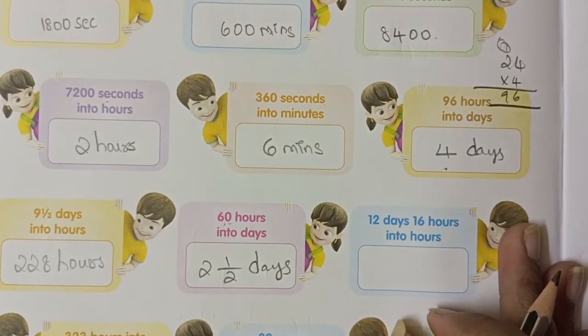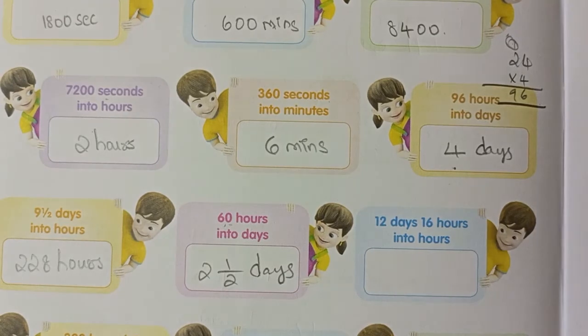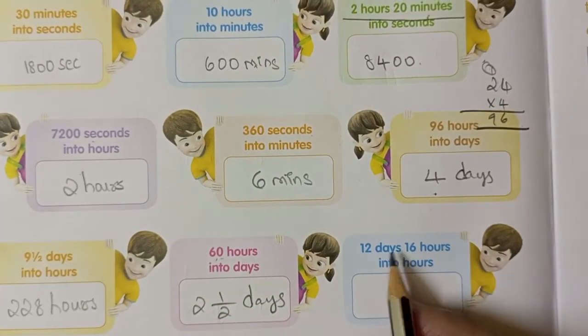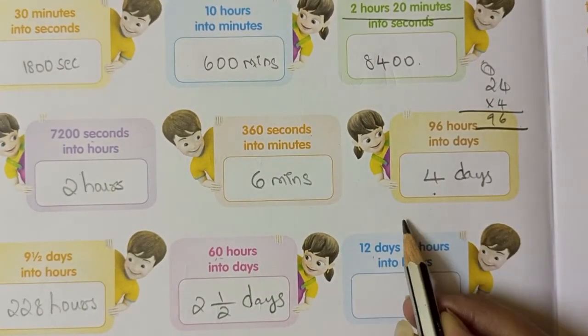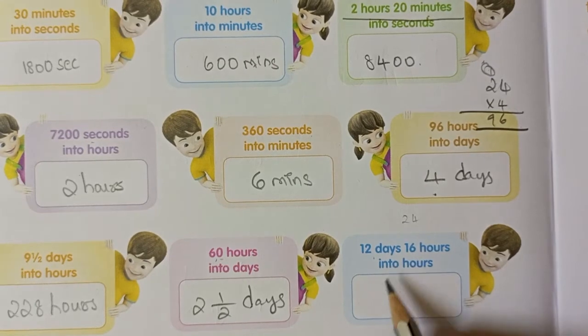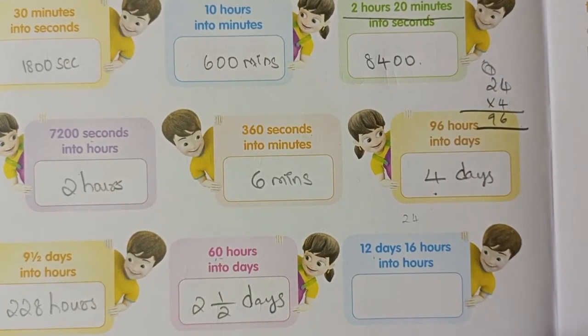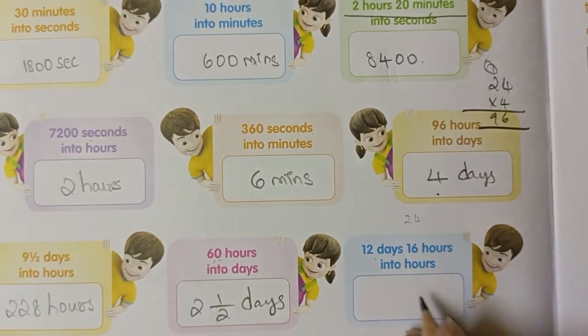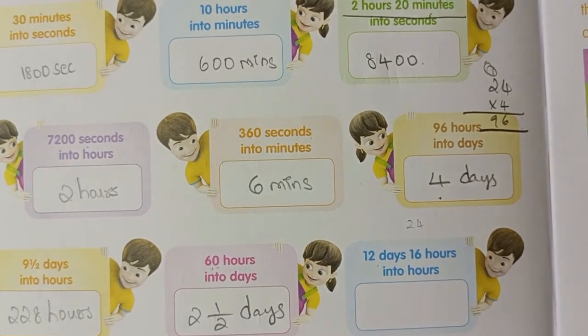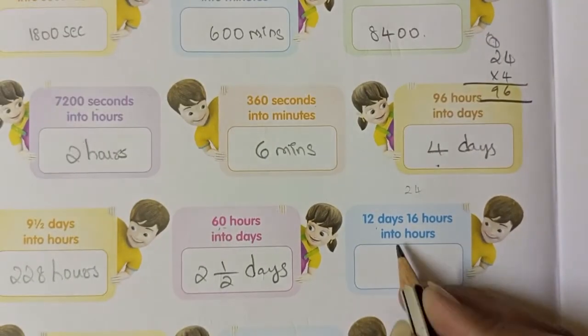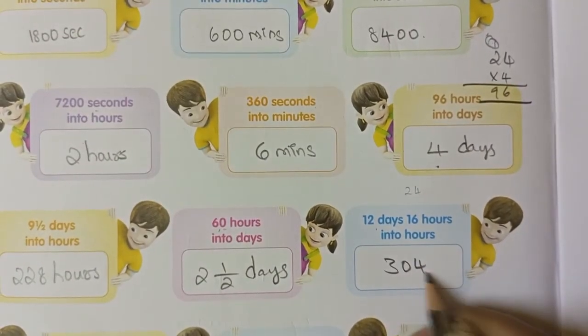Next, 12 days, 16 hours into hours. Per day, how many hours will be? 24 hours. So it is 304 hours.